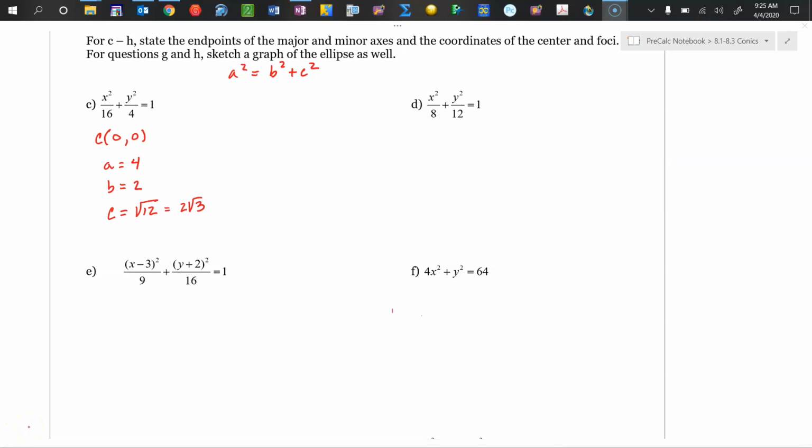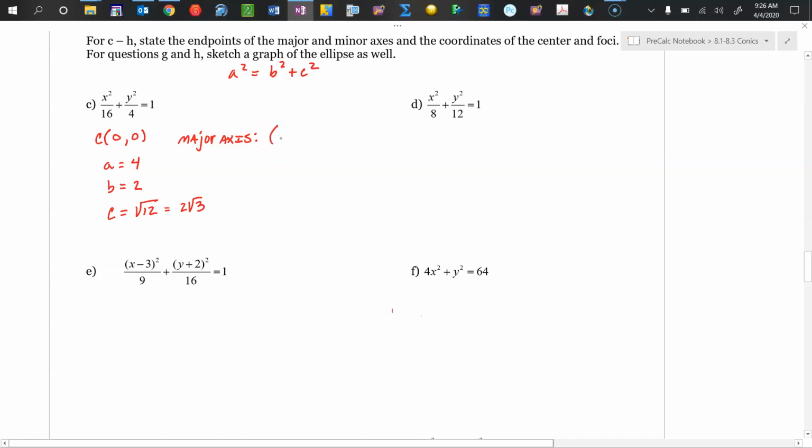So as I mentioned in the last video, based on knowing the coordinates of the center, a, b, and c, and which direction this ellipse is longer, we can figure out various things. So, for example, the endpoints of the major axis, that is the axis that is the longer length of the ellipse.